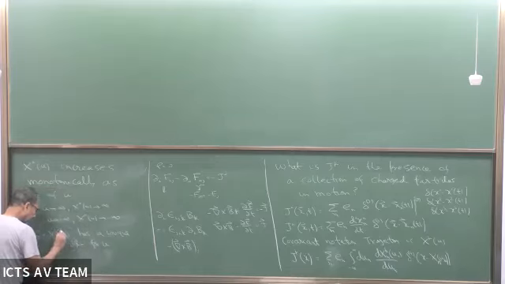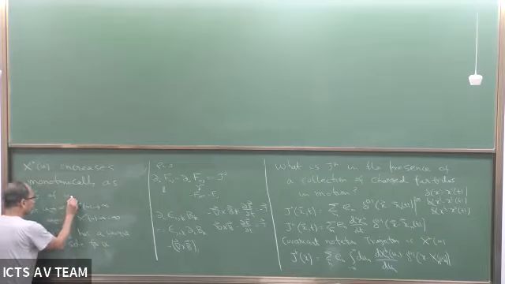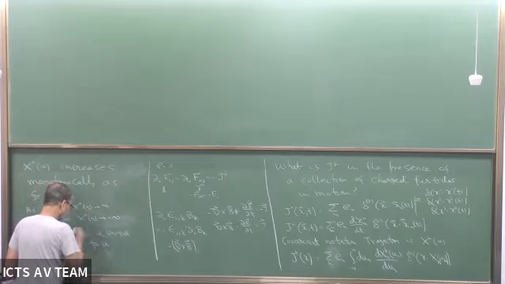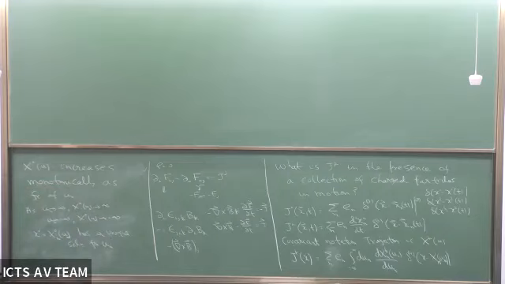Let me put the n here, because it need not be the same u_n everywhere. Say x naught is what I'm calling t. So u_n is a function of time.